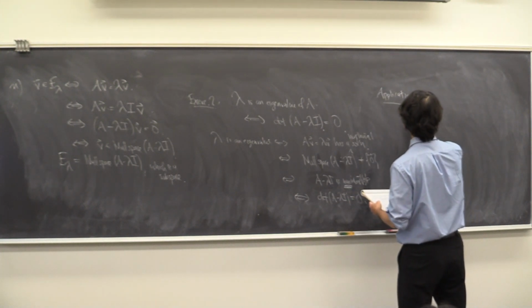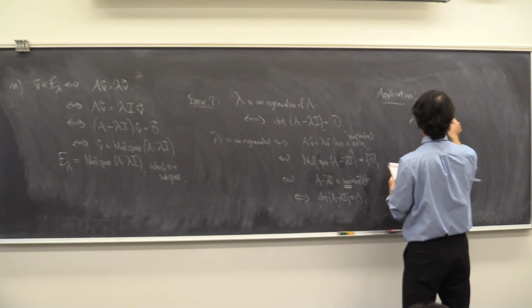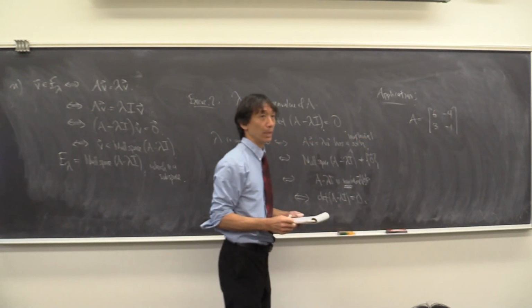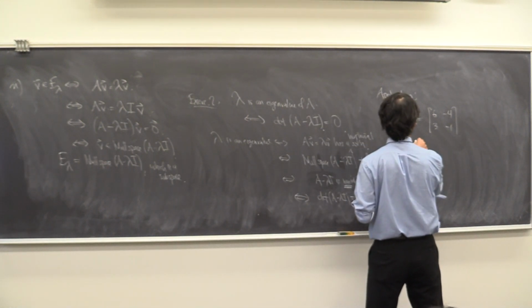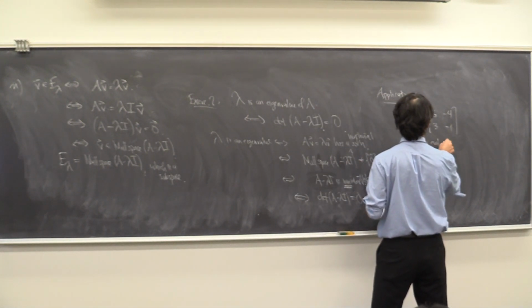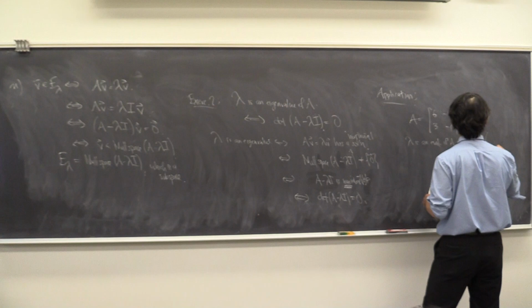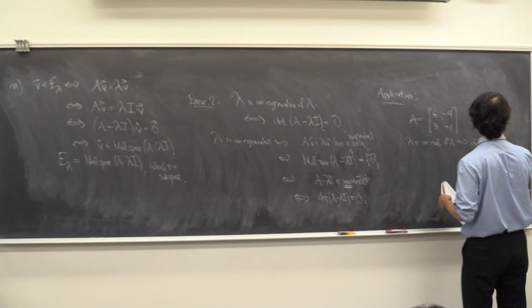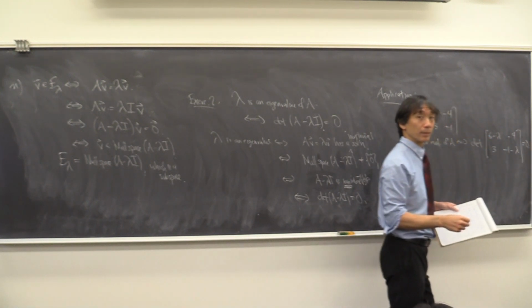Let's suppose that the matrix A is a 2 by 2, with rows 6, negative 4 and 3, negative 1. We know that lambda is an eigenvalue of A if and only if the determinant of A minus lambda I is 0. So 6 minus lambda, negative 4, 3, negative 1 minus lambda.